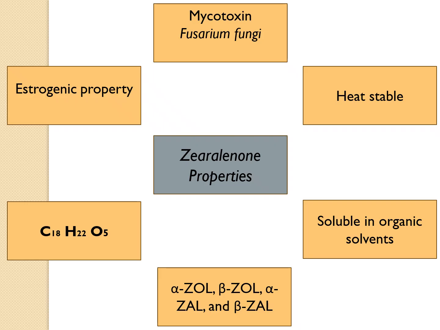The molecular formula of zearalenone is C18H22O5, and zearalenone is heat stable, it can be stable up to 150 to 160 degrees centigrade, and zearalenone is organic, so it is soluble in organic solvents like ethanol, alcohol, etc. There are four types of zearalenone: alpha zearalenone, beta zearalenone, alpha zearalenol, beta zearalenol.